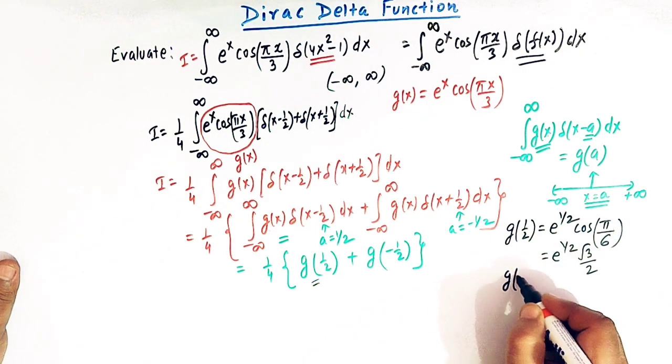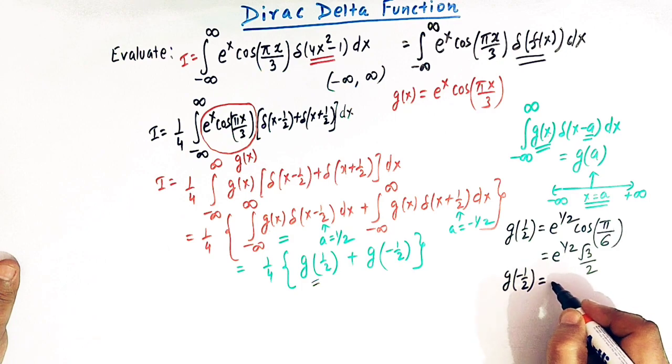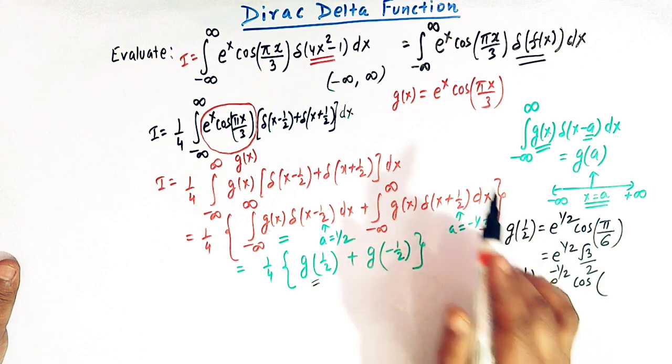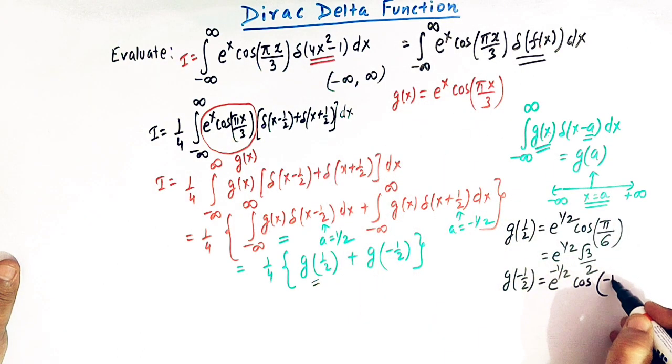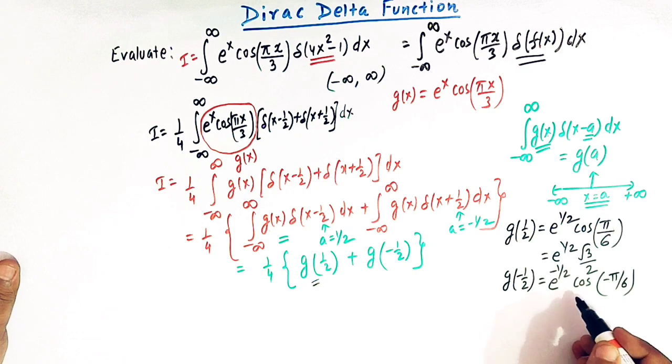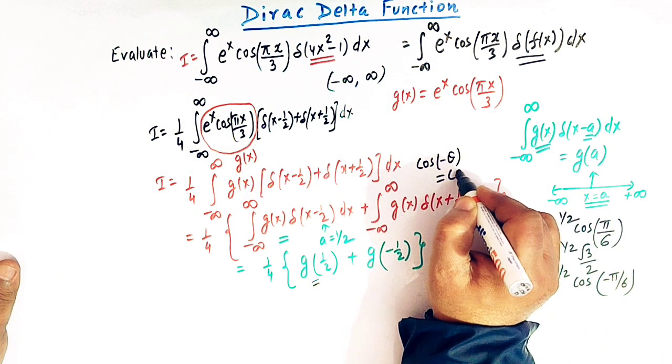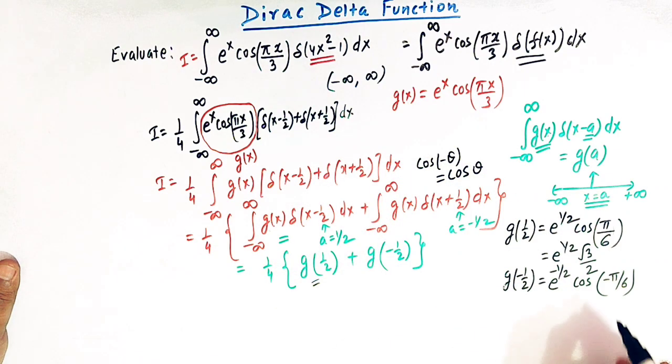And g of minus half is equal to e raised to minus half, and cos of, taking x is equal to minus half, we have minus pi by 6, right? And from trigonometry we know that cos of minus theta is simply equal to cos of theta. So cos of minus pi by 6 is simply equal to cos of pi by 6. So this is e raised to minus half, and cos pi by 6 is cos 30 degrees, that is equal to root 3 over 2.